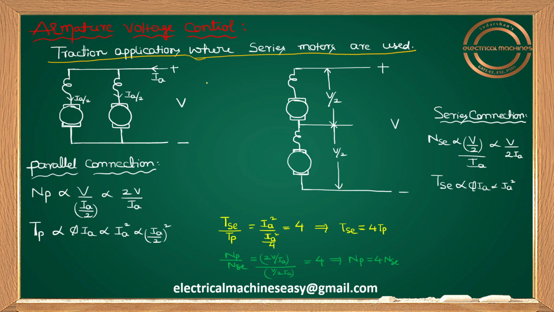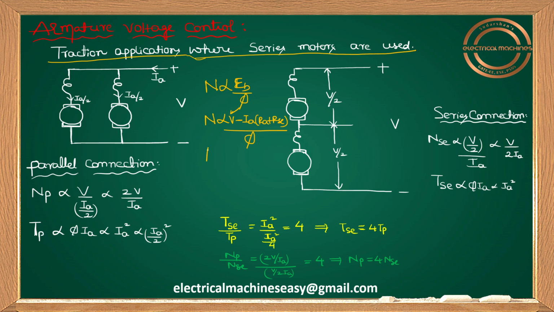Please tell me what is the formula for N? You know, N is proportional to Eb by phi. Eb means V minus Ia into Ra plus Rse. So in this armature voltage control method, I'll be using these series motors. N is proportional to V minus Ia into Ra plus Rse by phi. See guys, what is the method name here? Armature voltage control method, therefore we are controlling this voltage.